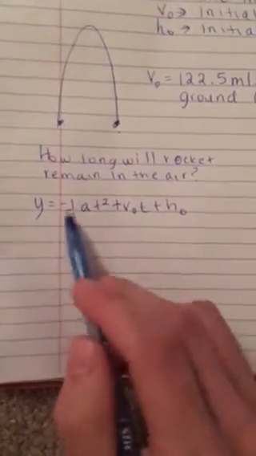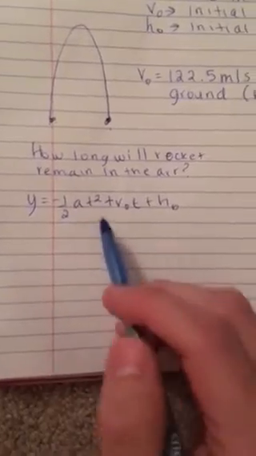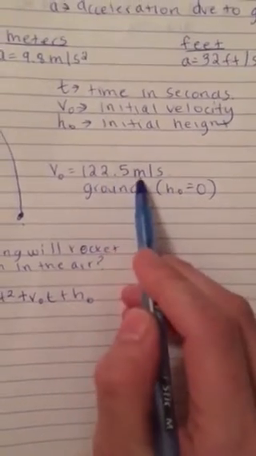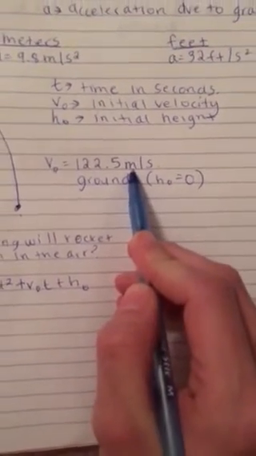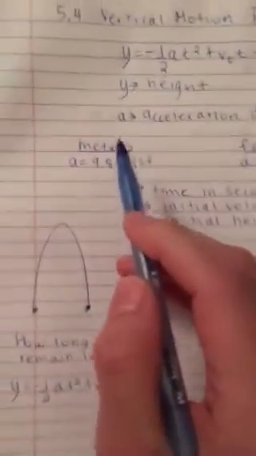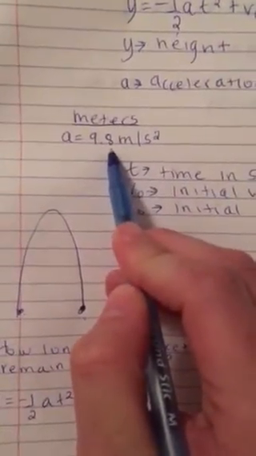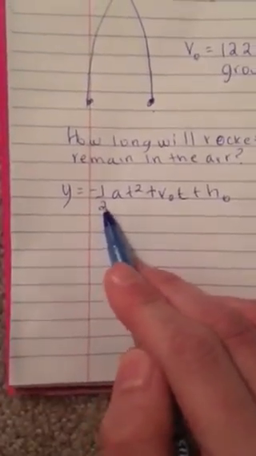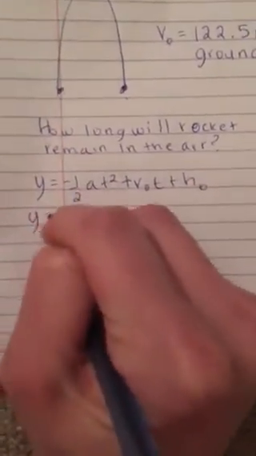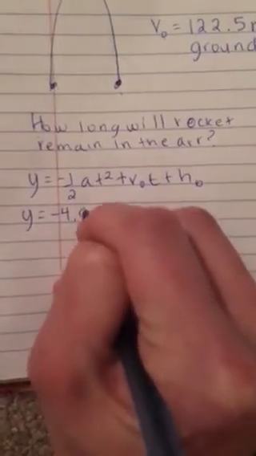All right, so I'm going to start filling in some of these values. Because my velocity is in meters, that means I want to use my acceleration due to gravity in meters. Okay, so what is half of 9.8? Half of 9.8 is 4.9, so -4.9.